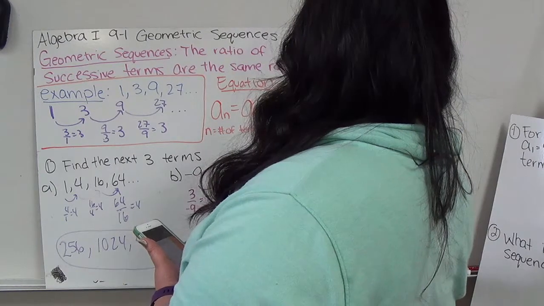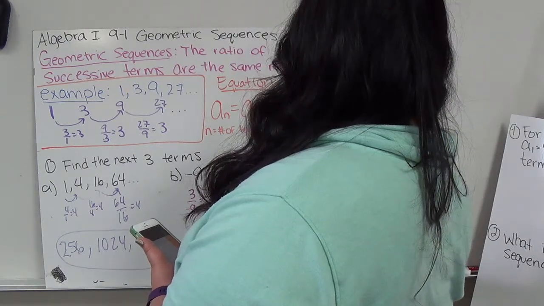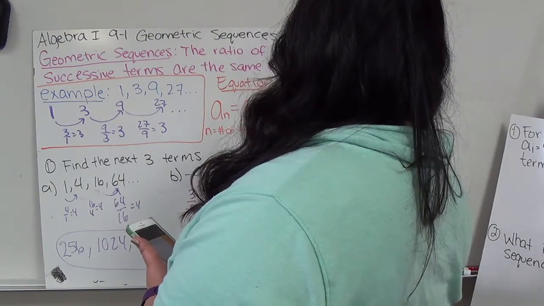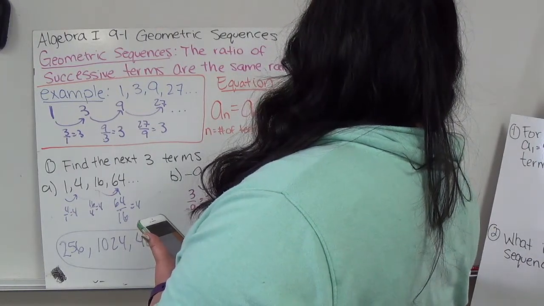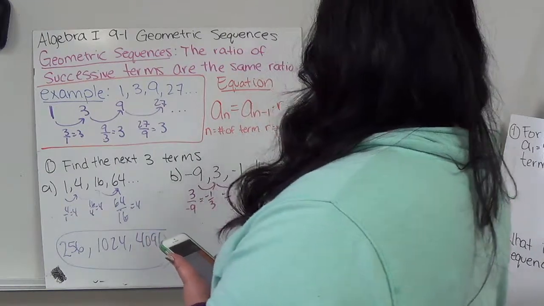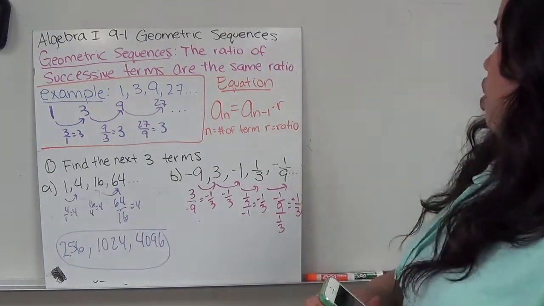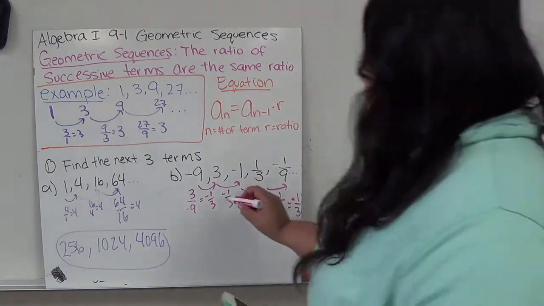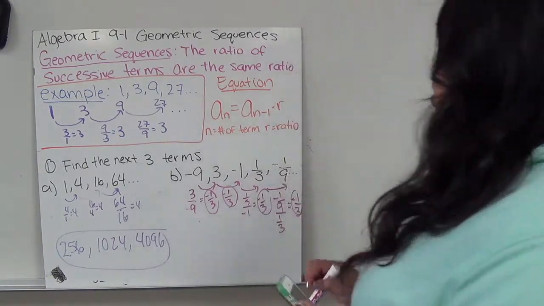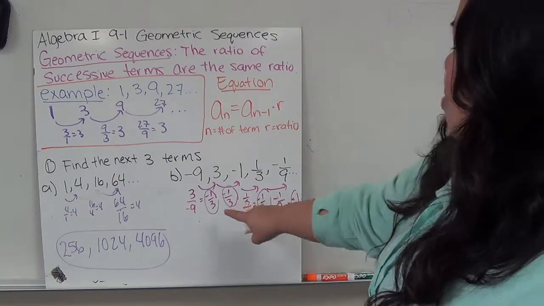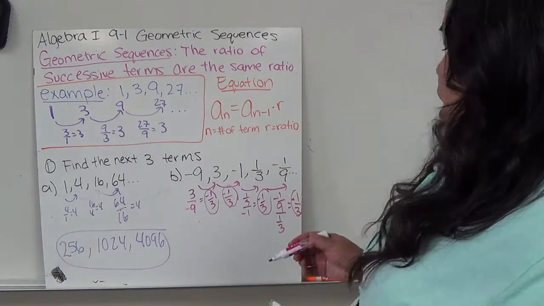And then from here to here, negative 1 over 9 divided by positive 1 over 3 gives me negative 1/3. If you have something like this, you can put it in decimal and it should still give you negative 1/3. So each time it's negative 1/3. Okay? So that means each time I have to multiply by negative 1/3.